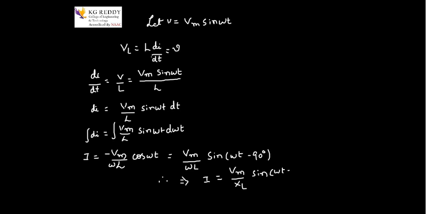Now the finalized current I, take it as the final equation. So Vm by XL I am considering as Im, into sin omega t minus 90 degrees.